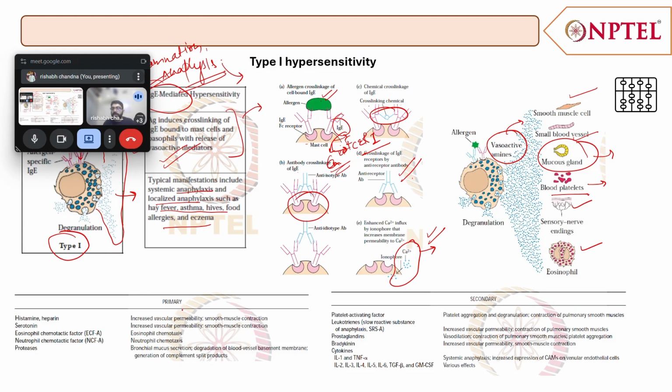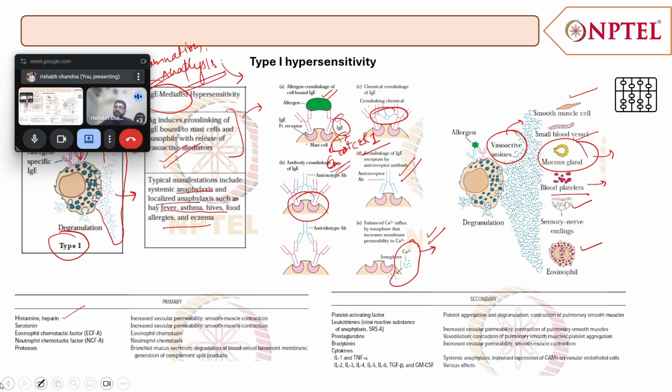Okay, so the primary mediators of allergies are histamine and heparin. These increase the vascular permeability as well as smooth muscle contraction. Serotonin has the same function. Then we have eosinophil chemotactic factor and neutrophil chemotactic factor that activate eosinophils and neutrophils.